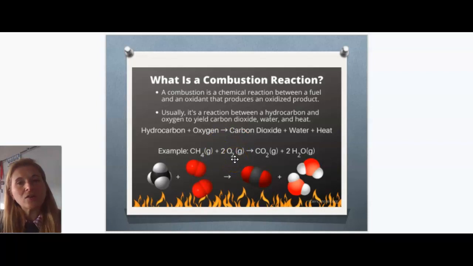If we take a candle and remove the oxygen, that candle can't combust anymore. The products are always carbon dioxide and water. Then we balance it so that we have as many atoms on the product side as are represented on the reactant side.